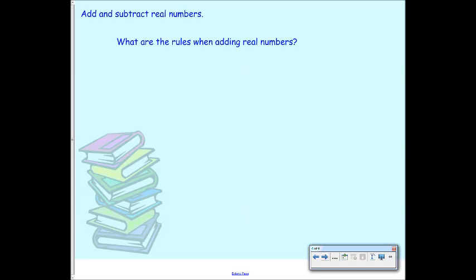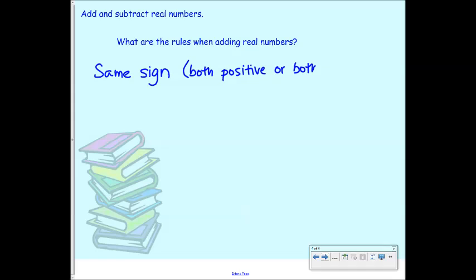All right, so when we are adding real numbers, if you have the same sign, if both of your numbers are positive or both of them are negative, add.